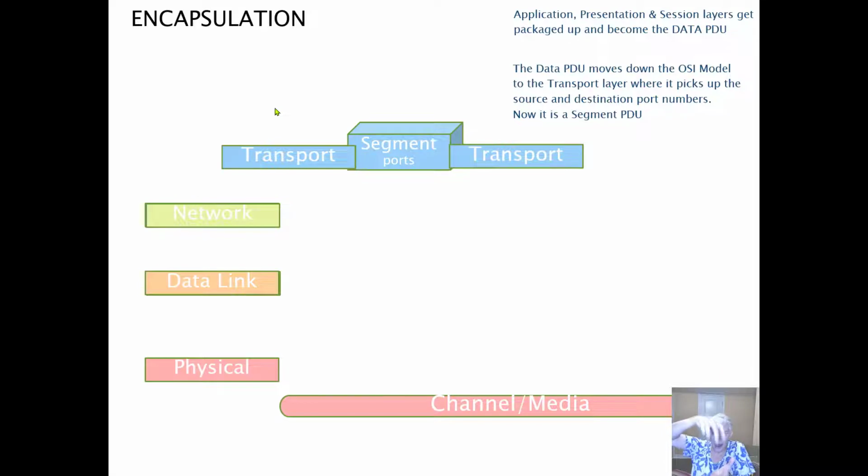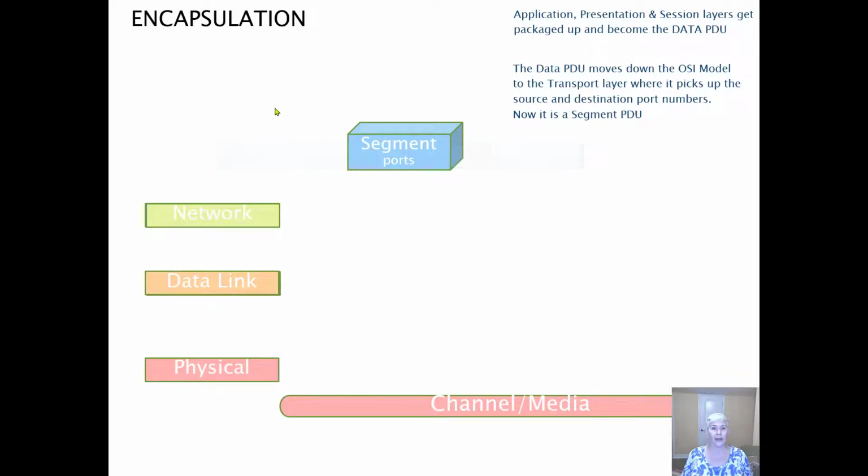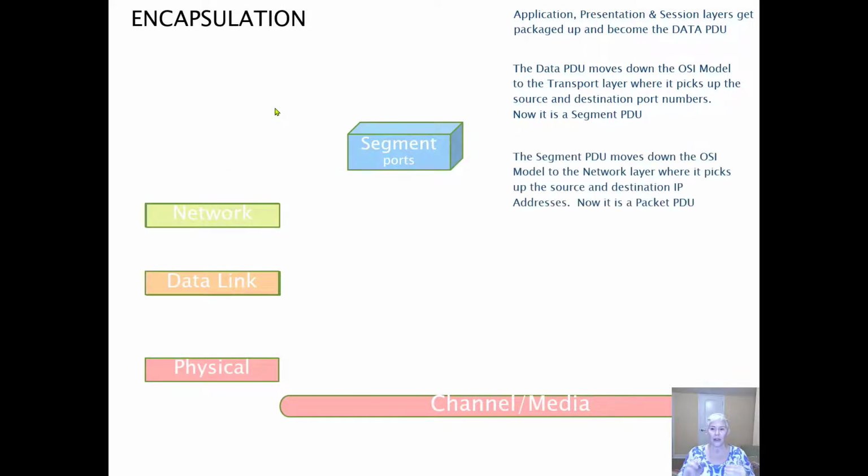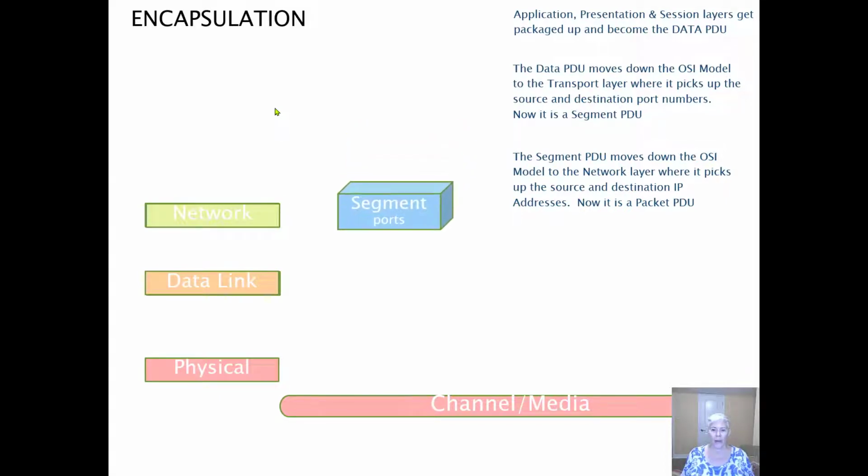Now, inside the segment is still the data. It's just that now it's wrapped up so that it can keep moving down the OSI model. The segment PDU, which is a protocol data unit, moves down the OSI model to the network layer.